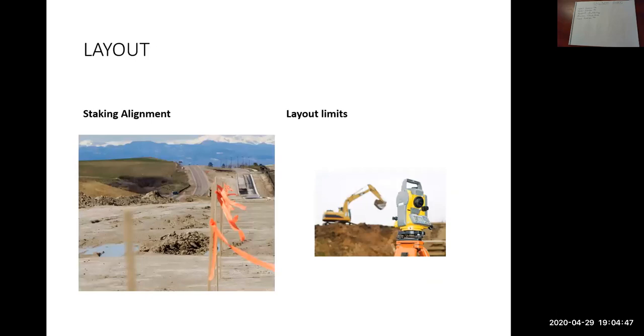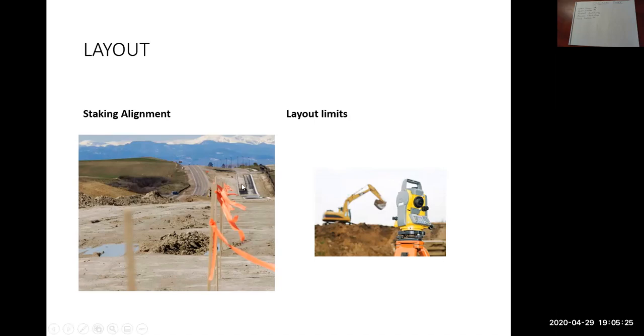Layout, again, we mentioned it last week. A surveyor, whether it's an employee of your company or a subcontractor, comes through and lays out the road alignments, all the various pieces of information. Cut depths, fill depths, the thickness of the gravels, all that sort of stuff is laid out by the surveyors, again with equipment like this, a total station type machine.